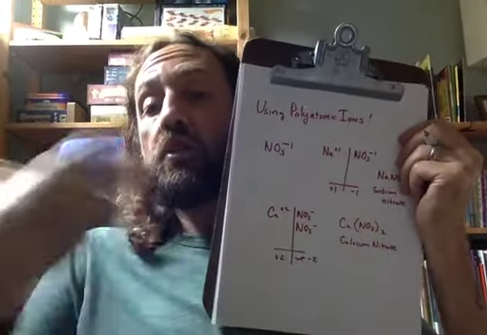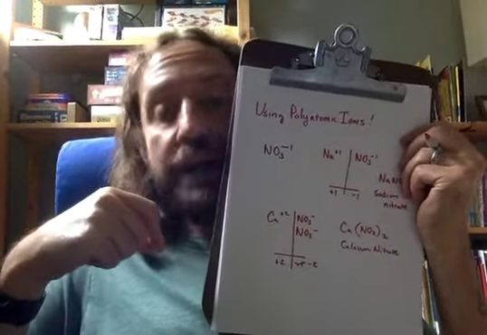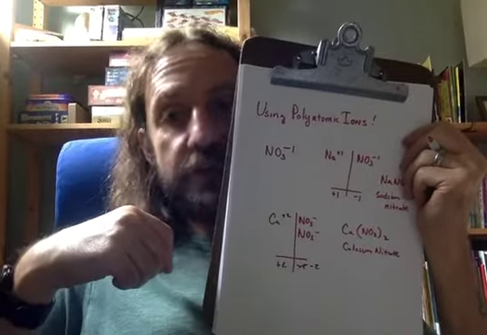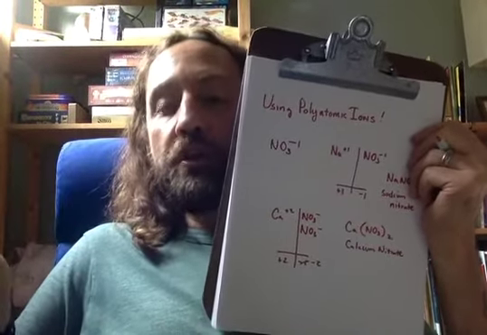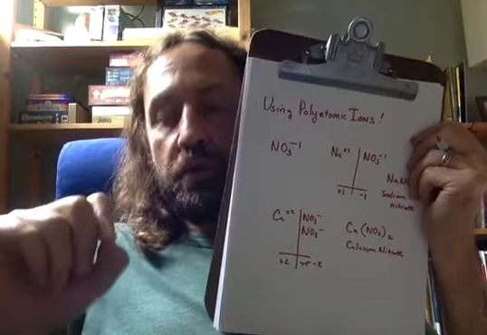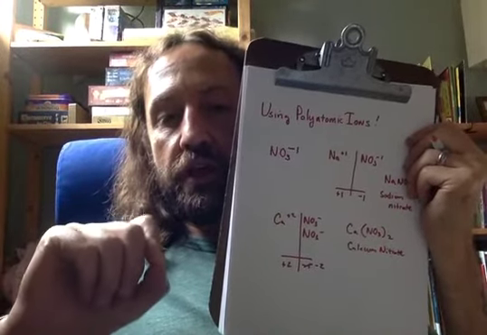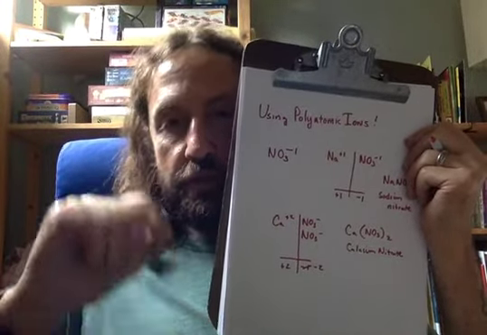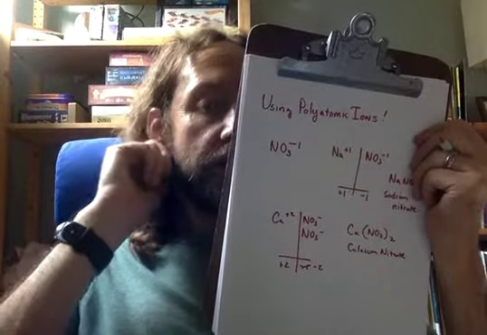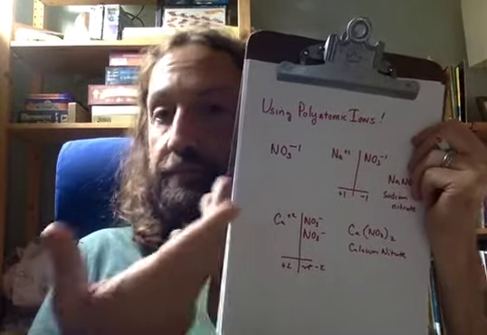Now here, notice there's not binitrate or dinitrate or anything like that. We don't use any sort of prefixes with ionic compounds. Okay? Now, aluminum nitrate, same deal. It would just be Al +3, because aluminum has 3 valence, loses 3.